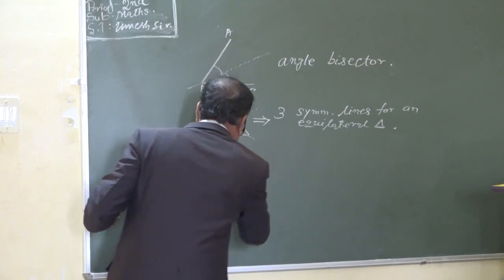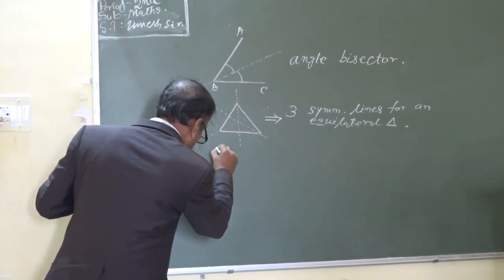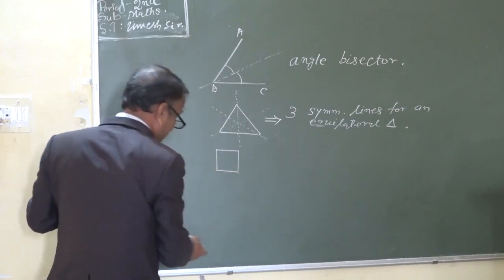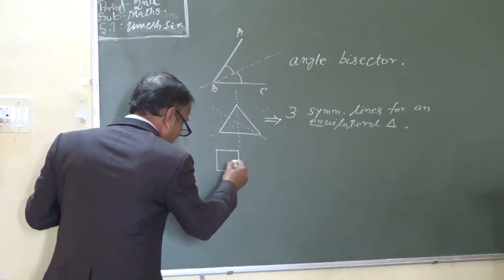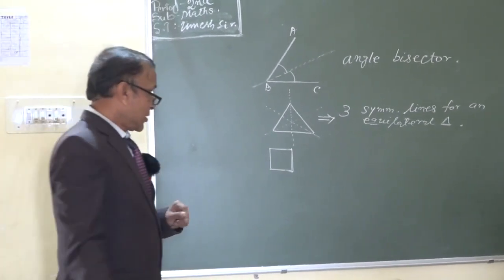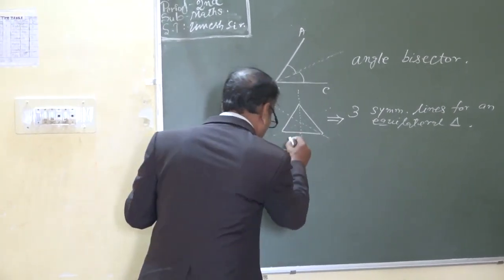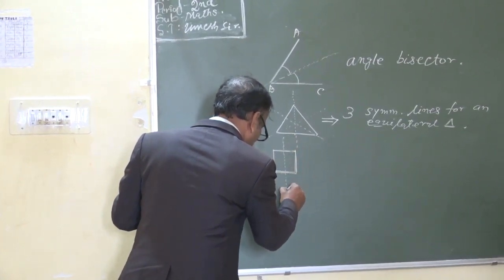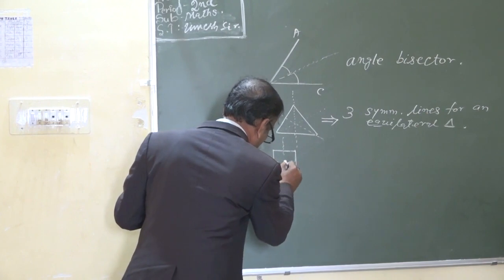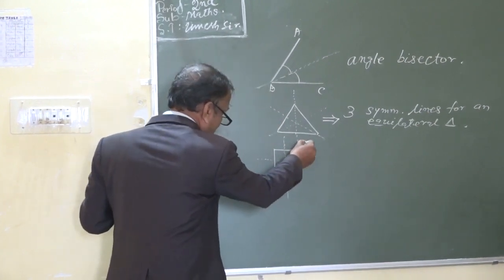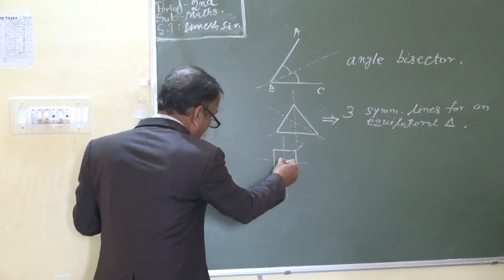Now I am giving one square. Now how many symmetrical lines are there for a square? Four. Good. Four symmetrical lines. The lines passing through the midpoints of opposite sides and the lines passing through the diagonals.